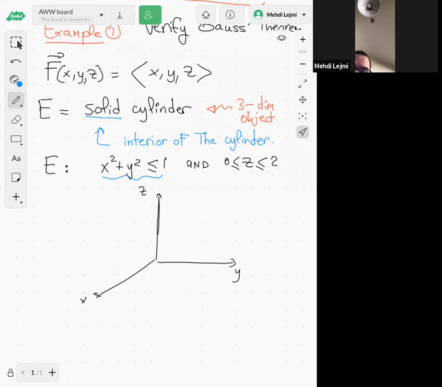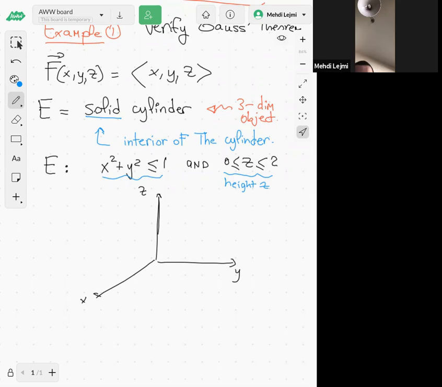This is your height z, and the z coordinate actually varies between 0 and 2. So we are taking the inside of the circle at each height z between 0 and 2.